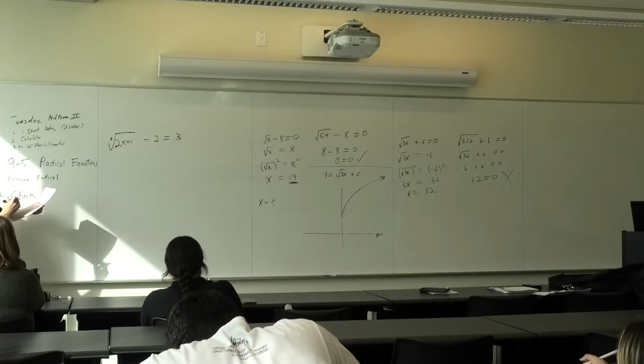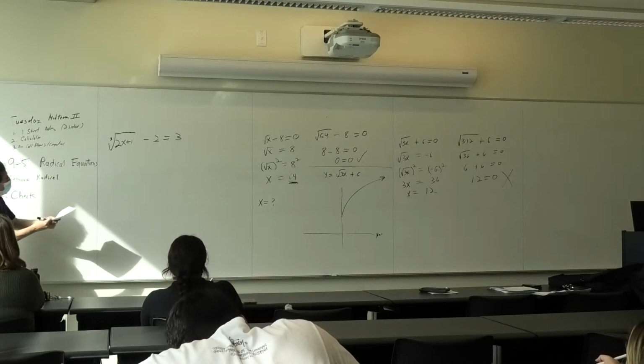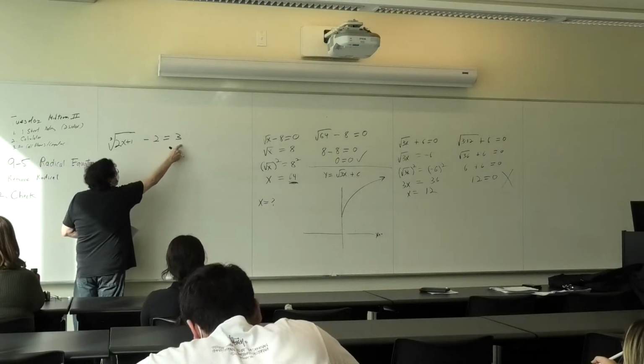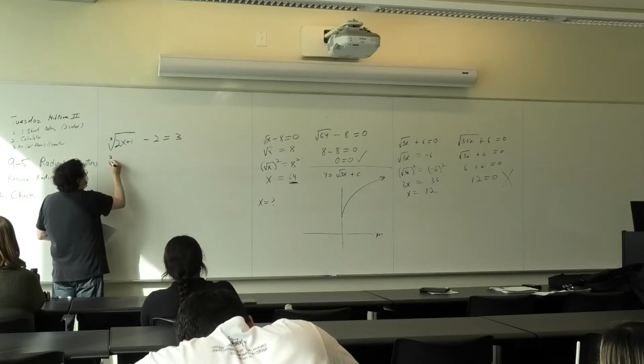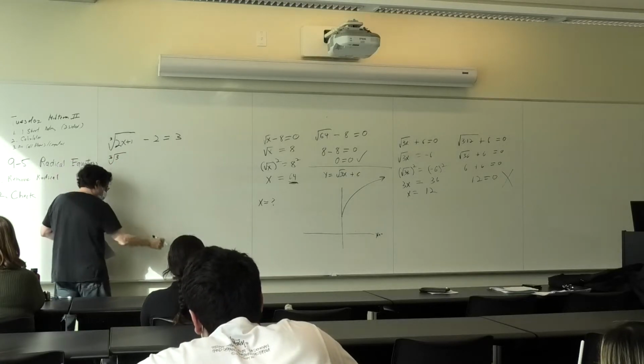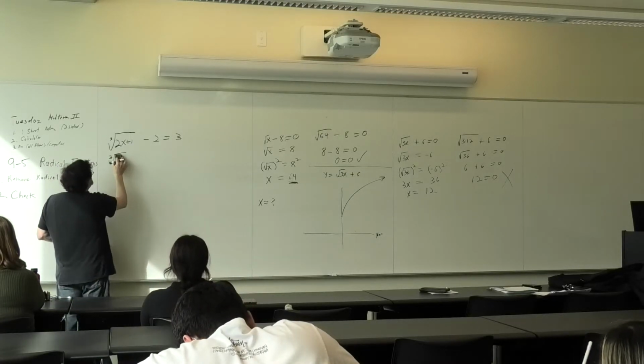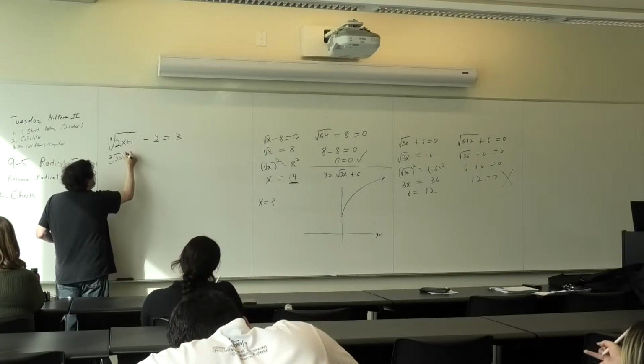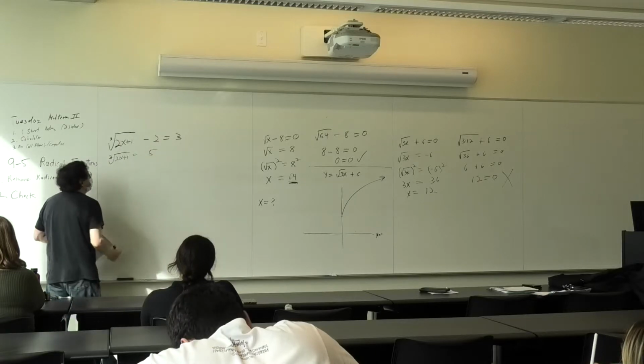I'm just going to go headlong into the breach here. I want to add 2 to both sides. So I get the cube root of 2x plus 1 equals 5.